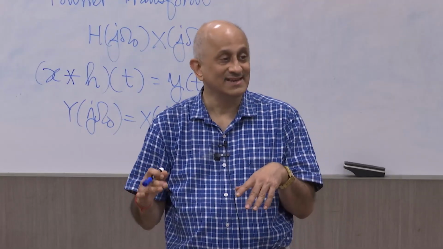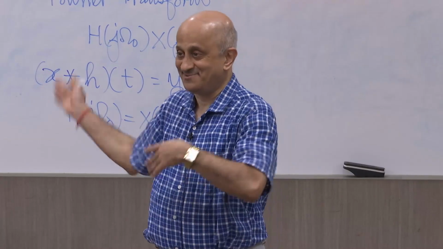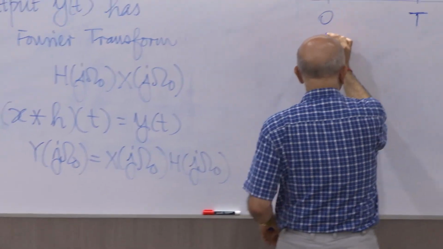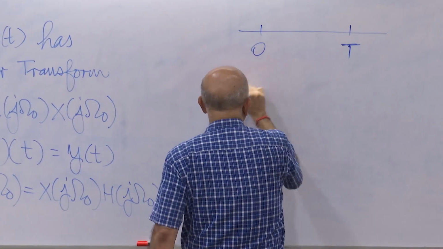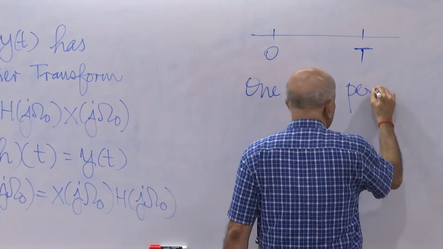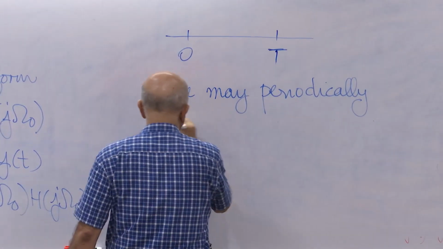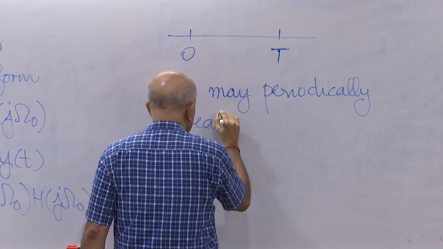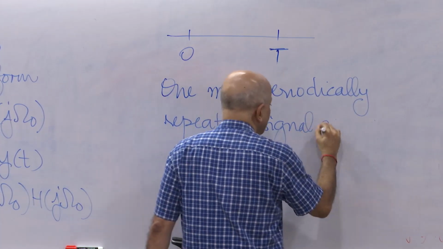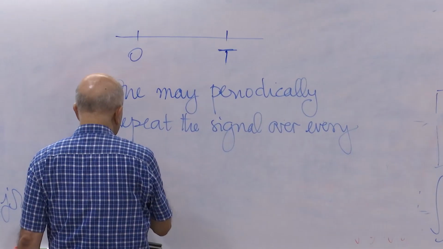In such a situation, one very simple and neat thing you can do is to periodically repeat the signal. Since we are interested only between 0 and t, one may periodically repeat the signal over every successive interval of t.